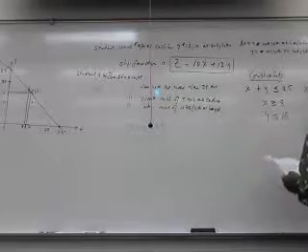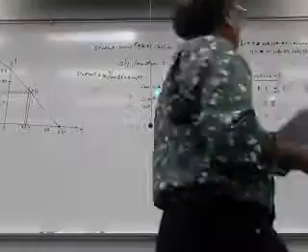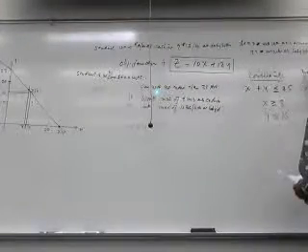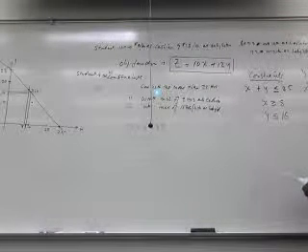We can rewrite this top equation, x plus y equal to 25, in slope-intercept form, in which case y is equal to minus x plus 25.